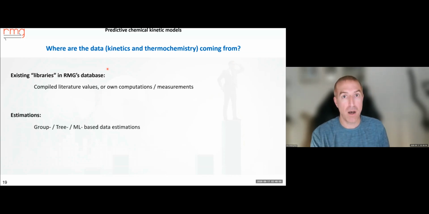Then the power and the magic, the real power of RMG, comes from estimations. It can move quickly and on the fly estimate using, for example, group theory. It estimates thermodynamic properties. Using decision trees, it estimates kinetic rate coefficients.